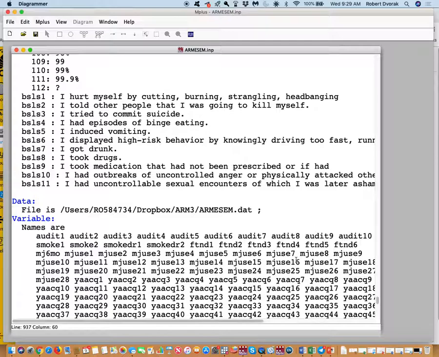How many degrees of freedom are in this model? None. 0, right? We have 6 known observations. We have 6 paths. 6 minus 6 equals 0. 0 degrees of freedom. This model is just identified.